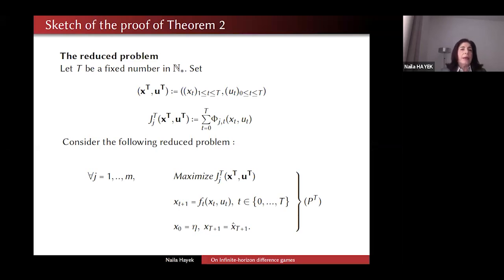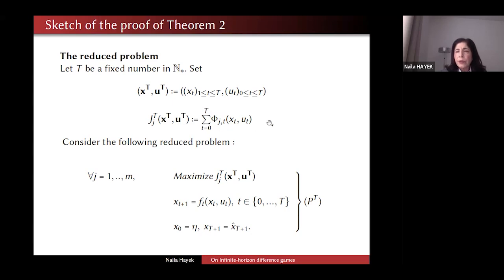So given any non-zero integer T, I will define the process (bold x_T, bold u_T) to be the process of the two truncated sequences. I am stopping them at capital T. And I am defining this criterion, J_j upper-indexed by capital T, as a function of bold x_T, bold u_T.